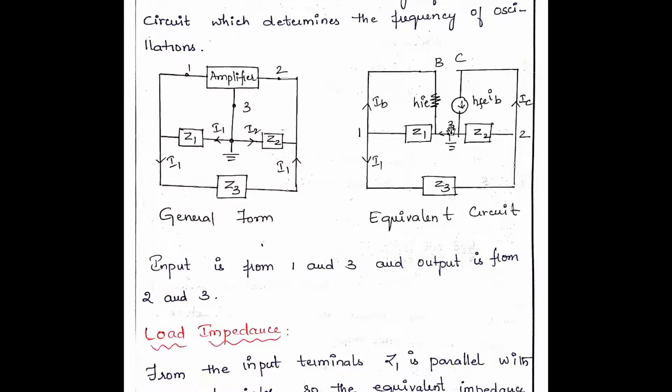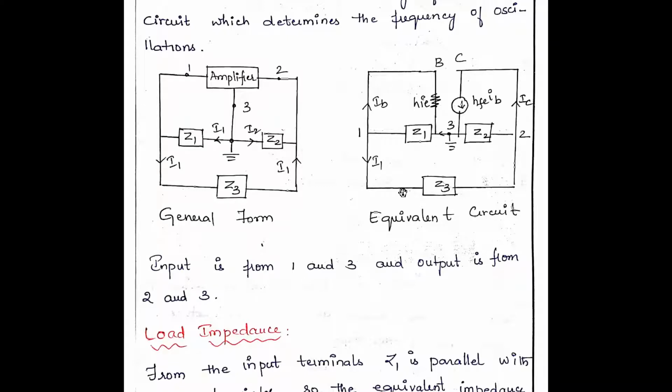Between 1 and 3, IB is flowing through HIE, only one component. So what will the input voltage be equal to? Ohm's law, that's it. IB into HIE.